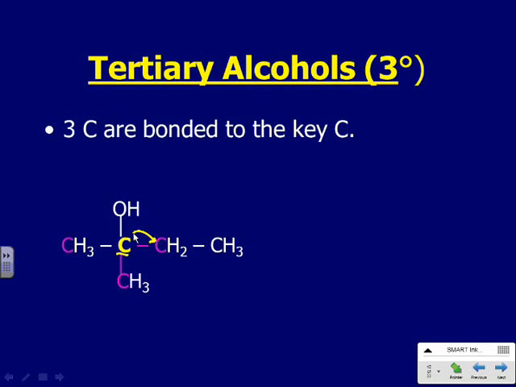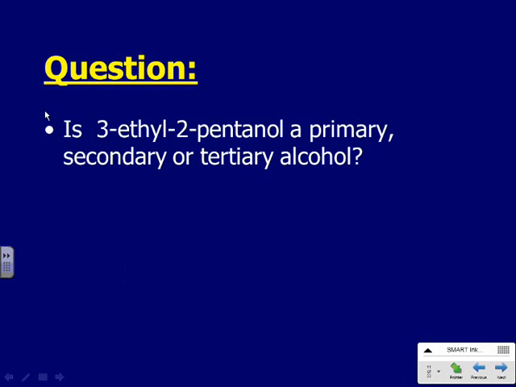The key carbon is bonded to 1, 2, 3 carbons, and it is therefore a tertiary alcohol. Okay? And the way I learned it was it's now at a junction for a branch. Instead of it just being in the line of the chain, it's at a junction for a branch. But looking at the key carbon is a very good way of understanding that.